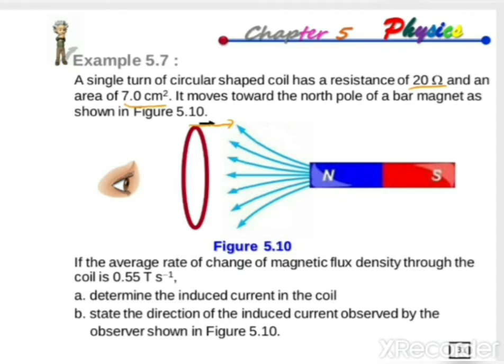First of all, the information given is the resistance of the coil, 20 ohm, and the area of the coil is 7 cm². And we should know that 0.55 Tesla per second actually refers to the rate of change of magnetic field.